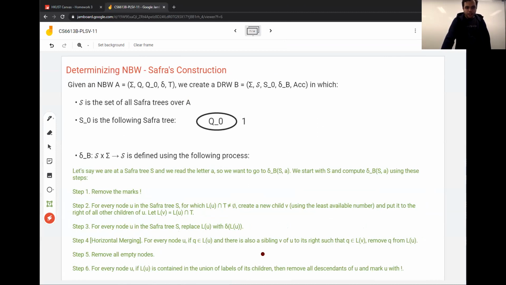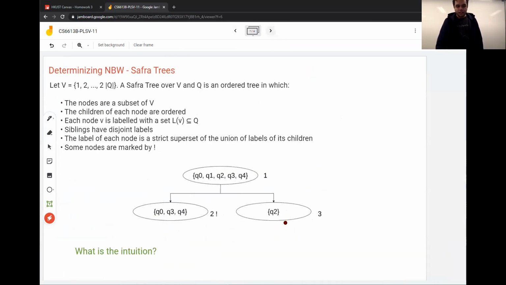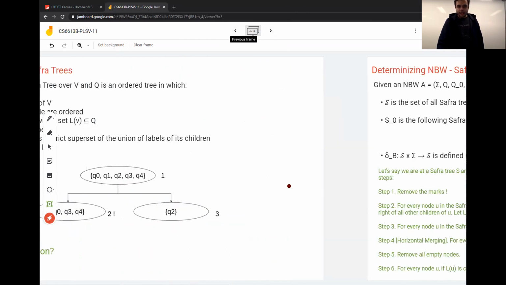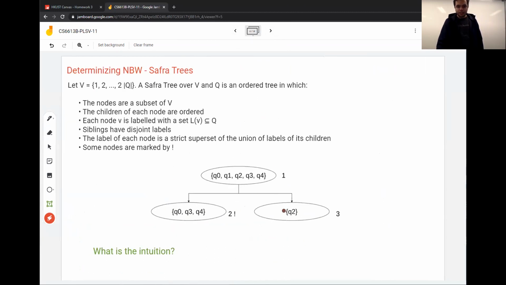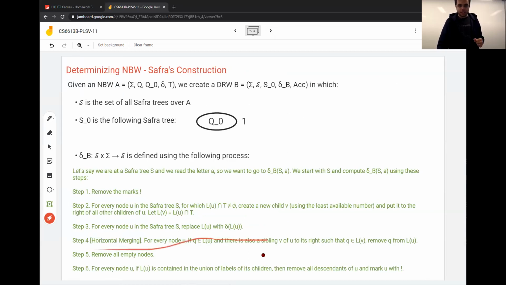Okay. Now I have to also do some other work on my tree because I have to make sure that these conditions are satisfied. So the first thing that I do is what's usually called horizontal merging. And it says that if there is some state that appears in some vertex of the tree, but it also appears in a sibling to its left, then you can remove the rightmost one. You can only keep the appearance in the left. So this is what's called horizontal merging.